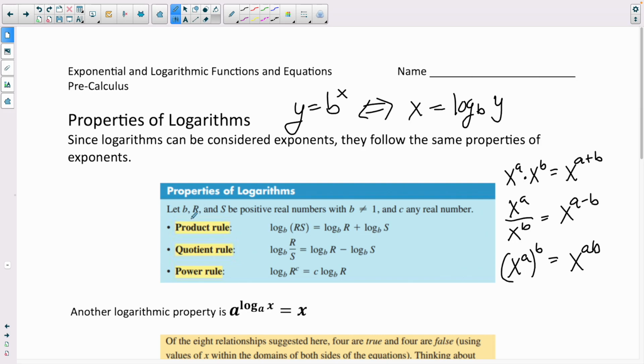So let b, r, and s be positive real numbers with b not equaling 1 and c being any real number. Then the product rule for logarithms is if we have log base b and the argument is a product of two things or three things, it's equal to the sum of each individual logarithm. So log base b of r plus log base b of s.